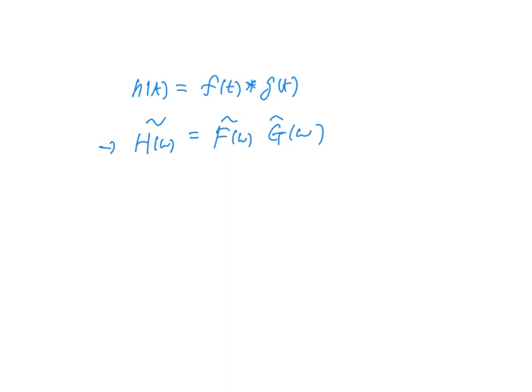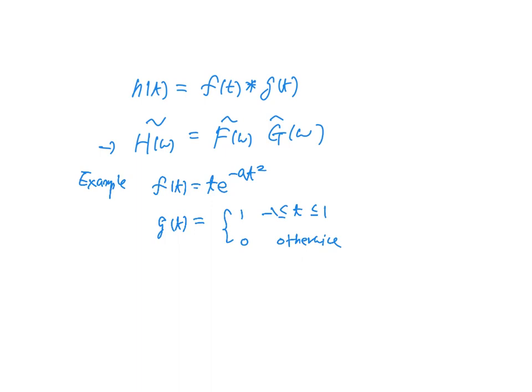So, example: f(t) is a Gaussian, and g(t) is 1 for t between minus 1 and 1, and zero otherwise.